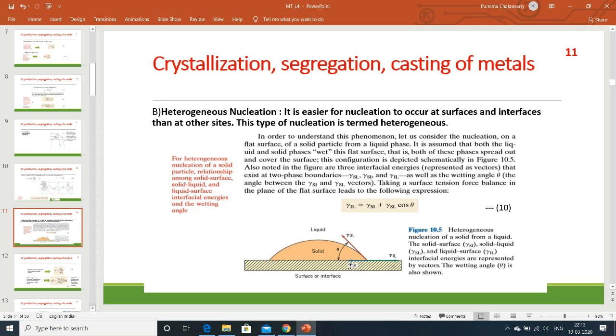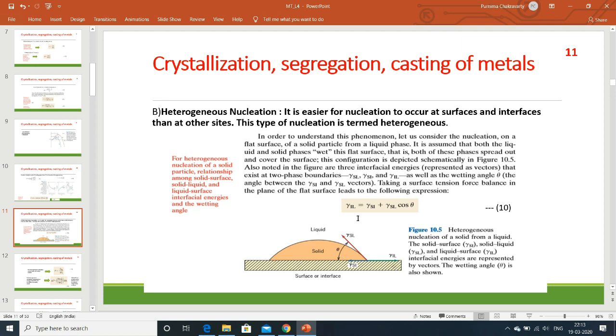The second type is the solid-liquid force, given by gamma SL. And the third type is the liquid surface force, given as gamma IL. And here theta is the wetting angle. In this situation we consider that both the liquid and solid phases wet the flat surface.